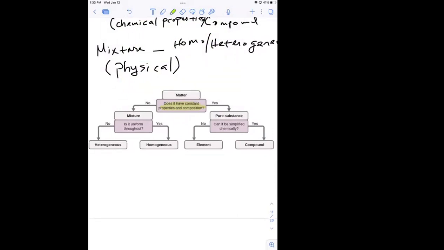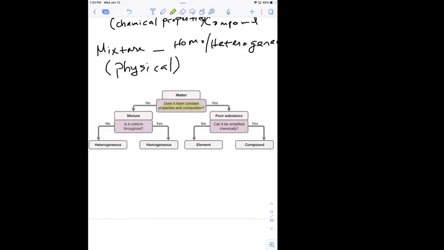Let's say, for instance, I take a block of sodium, and sodium is really explosive, and you have to store it in oil. But if I take a block of sodium and I chop a piece off that weighs a milligram, and then I chop off another piece that weighs a gram, regardless of the mass, regardless of the size, the composition of the atoms that make that sodium up is going to be the same no matter what.